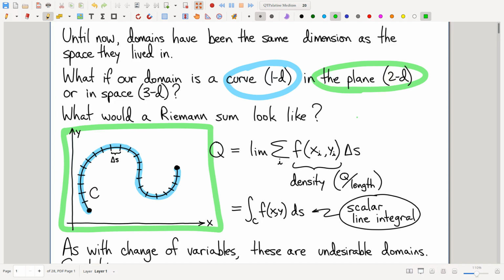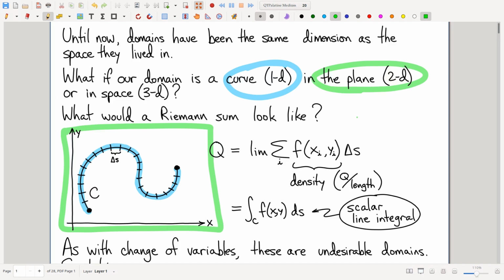Well, we're in the plane. It's a two-dimensional question in some sense because it's a two-dimensional world. Can I compute this with a double integral? No, there's no area. The domain has zero area, right? So that doesn't work. Okay, so the domain is sort of intrinsically one-dimensional.